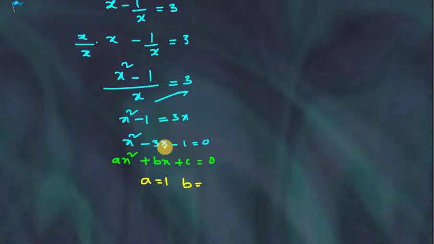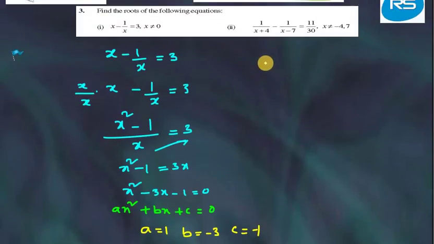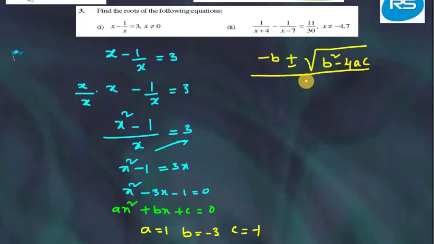The x coefficient is minus 3, and in the standard form the x coefficient is b, so the value of b is minus 3, and c is minus 1. So substitute in the formula. What is the formula? Minus b plus or minus square root of b square minus 4ac by 2a. So this is the formula.